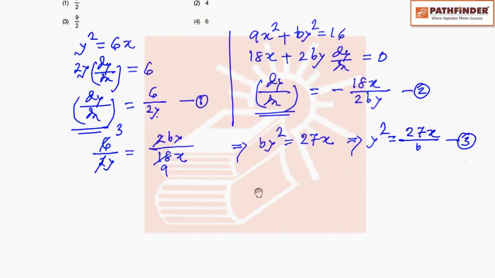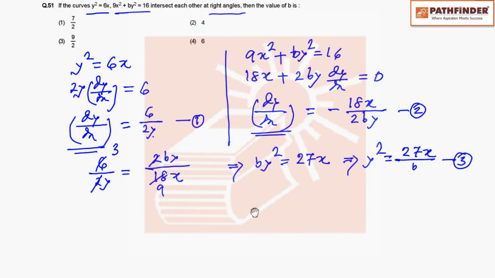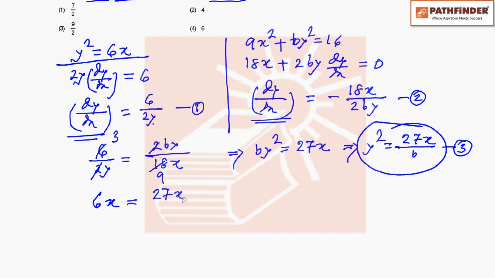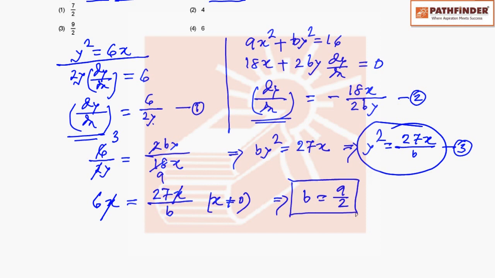Now this lies on the curve y square equal to 6x, so this value of x and y will also satisfy y square equal to 6x. So 6x equals 27x by b. The x will cancel out because x is not equal to 0, so b equals 9 by 2. So our answer is 3.